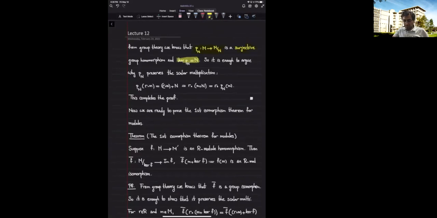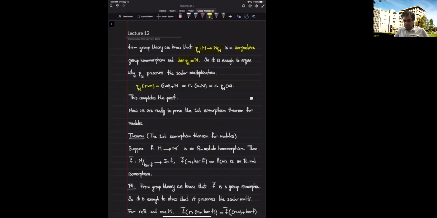So the kernel of the natural quotient map is nothing but n. The only thing that remains to show is why this is an R module homomorphism. We already know that this is an abelian group homomorphism, so it only remains to show that it preserves scalar multiplication. So let's apply p sub n to R times m.